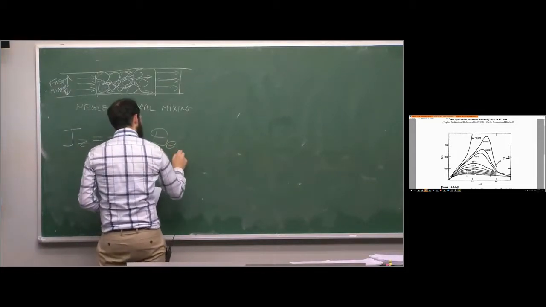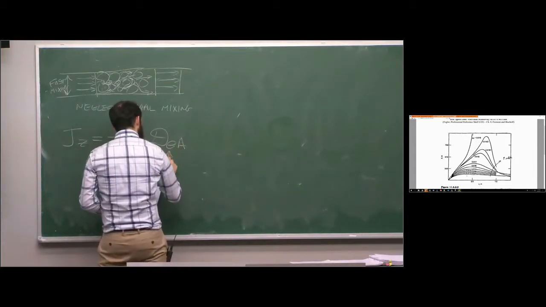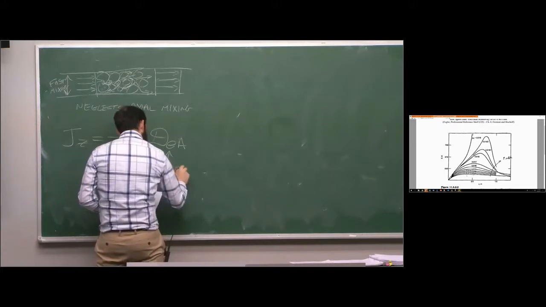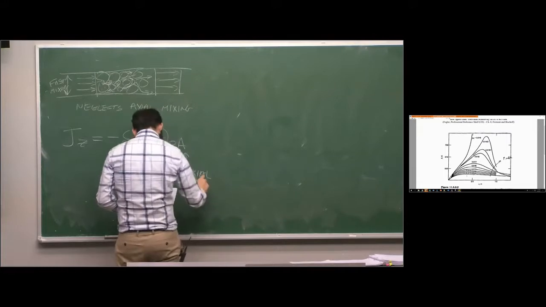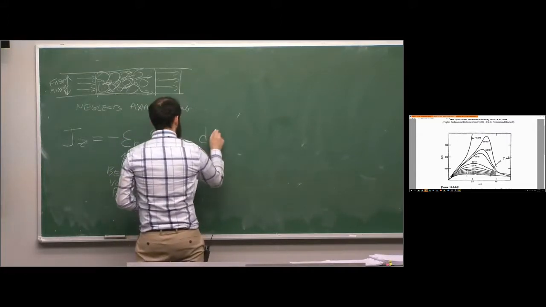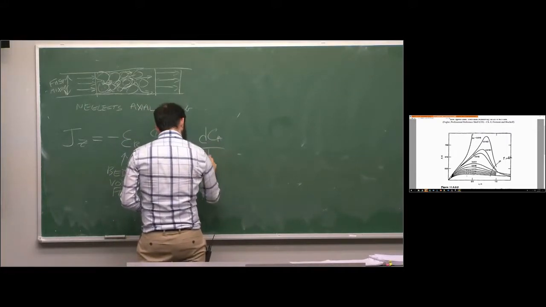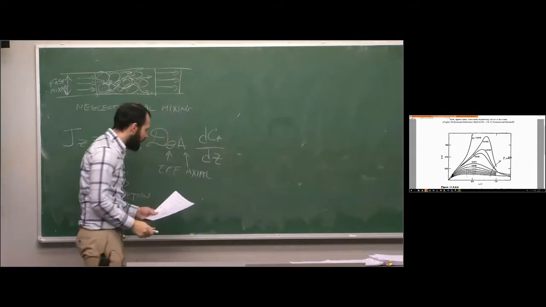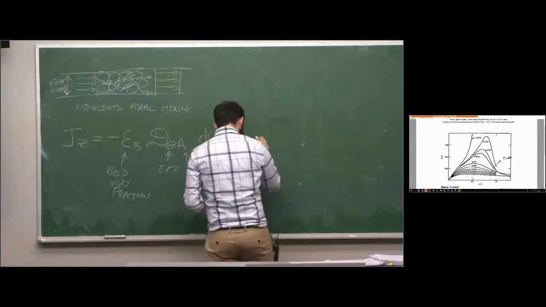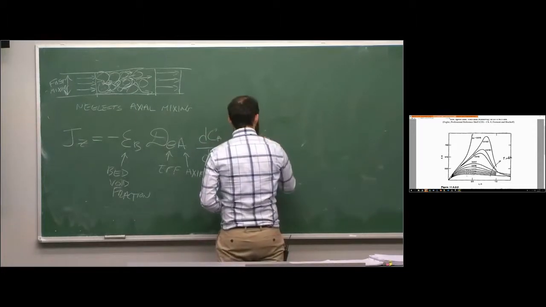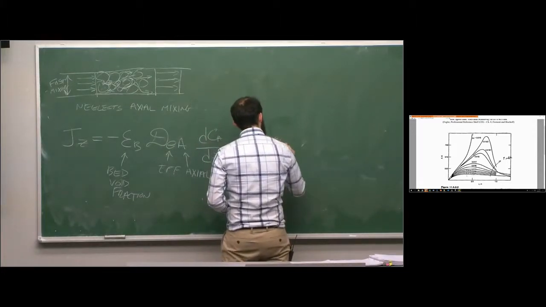This is the effective diffusivity in the axial direction. And finally, we have our concentration gradient, which is the driving force for diffusion. And so this is analogous to Fick's law.